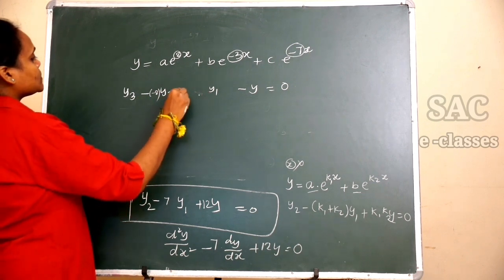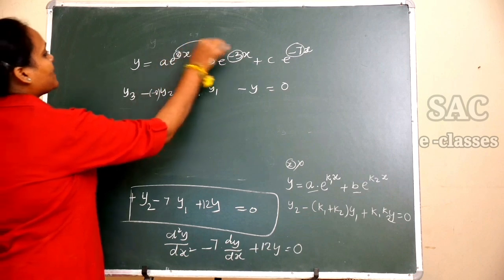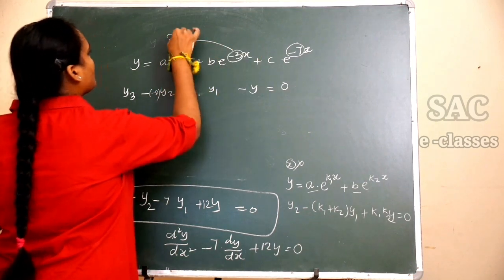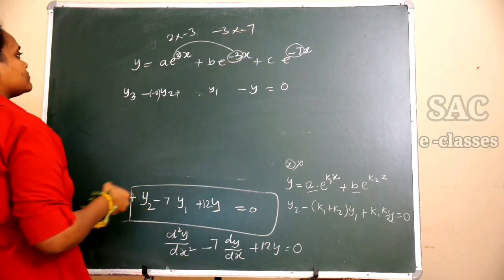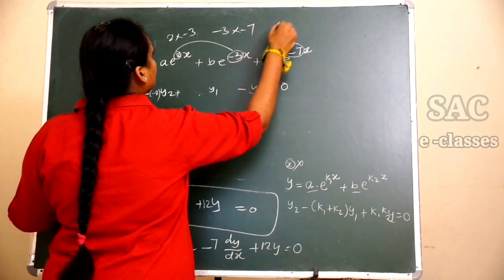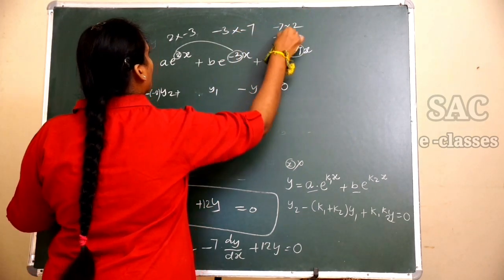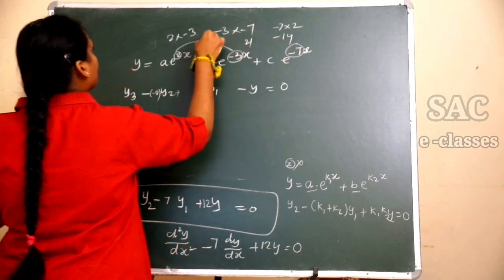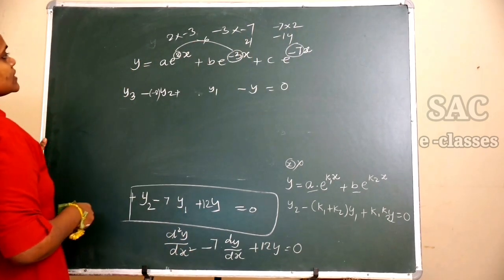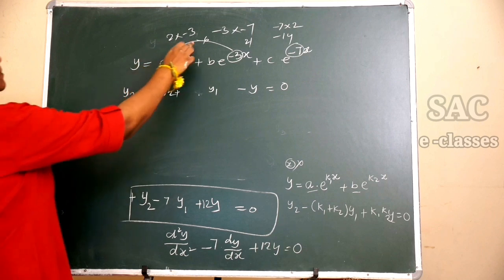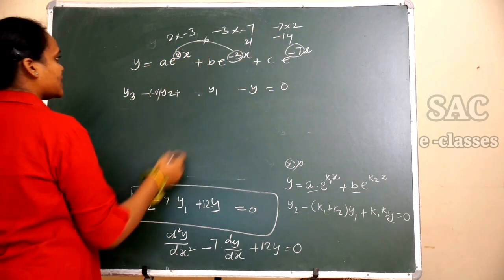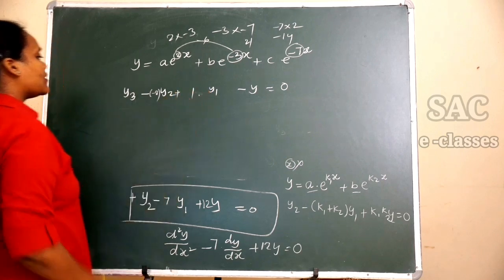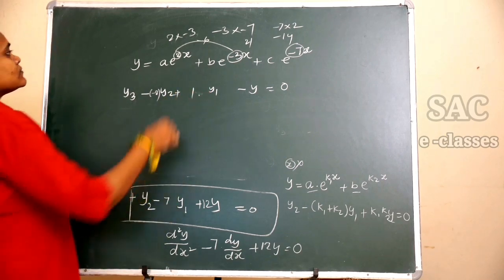Now multiply them: 2 into minus 3 is minus 6, minus 3 into minus 7 is 21, and 2 into minus 7 is minus 14. Simplify it: minus 6 minus 14 plus 21 will give you 1.